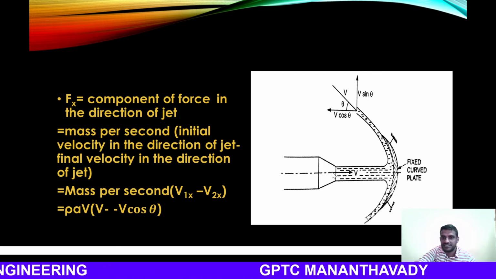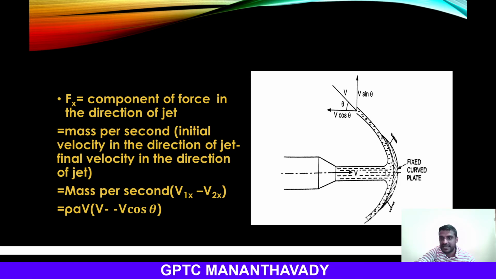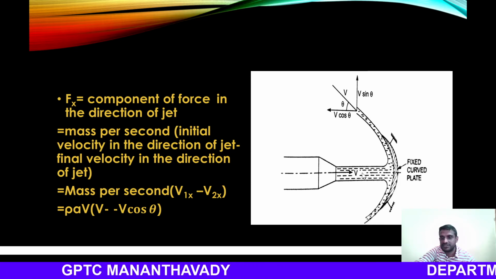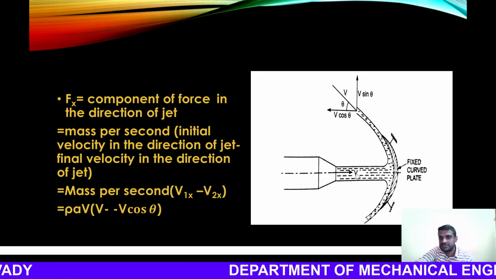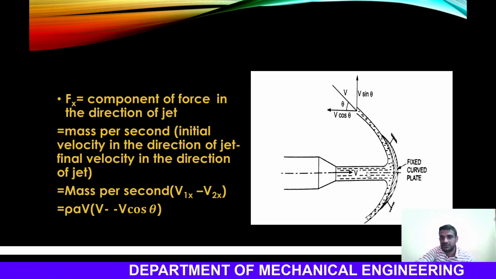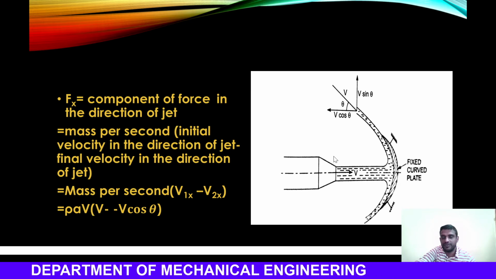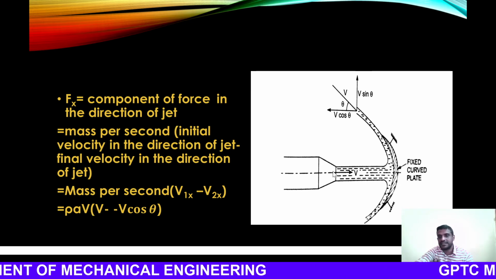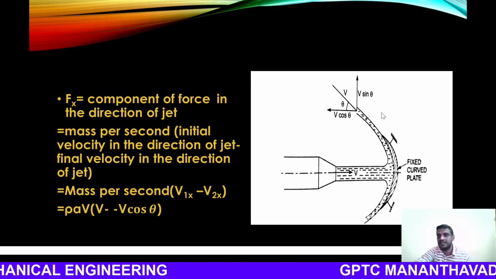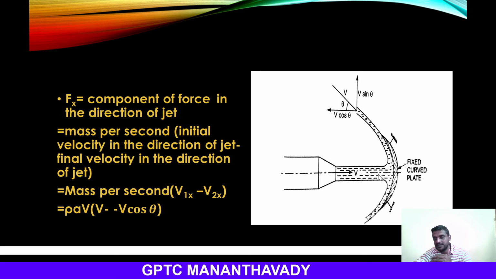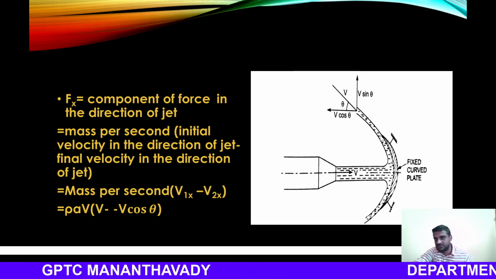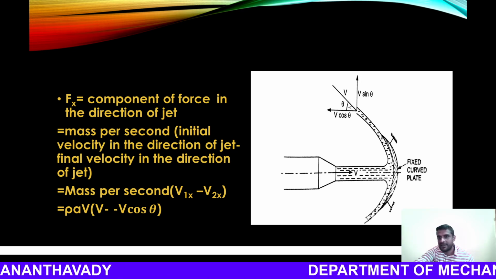Okay, V is the initial value in the direction, meaning the x direction. What is the velocity in the x direction before striking? Before striking, its velocity is V. And after striking, what will be the velocity in the x direction? After striking, the jet comes out this way, making an angle theta.